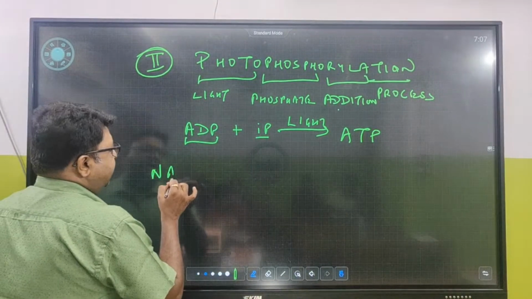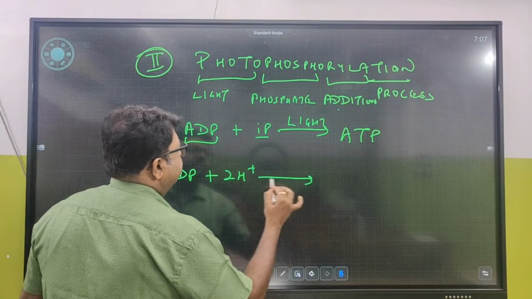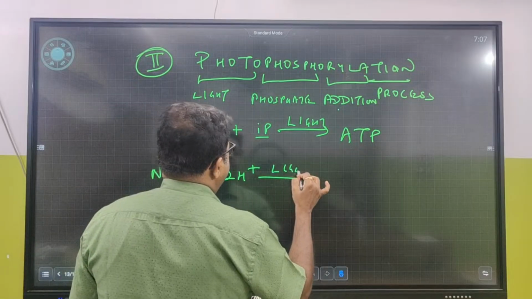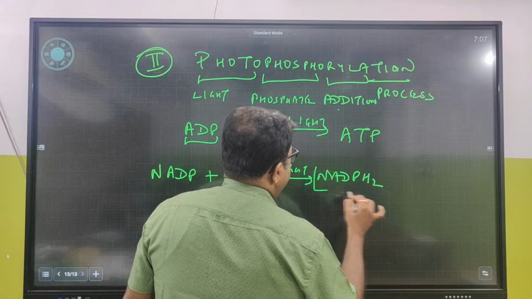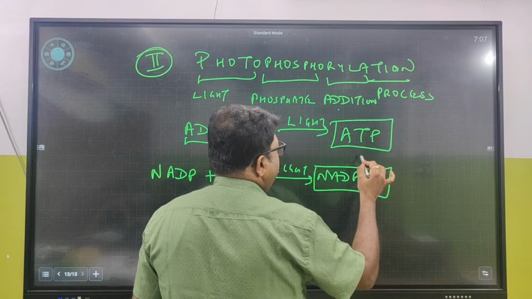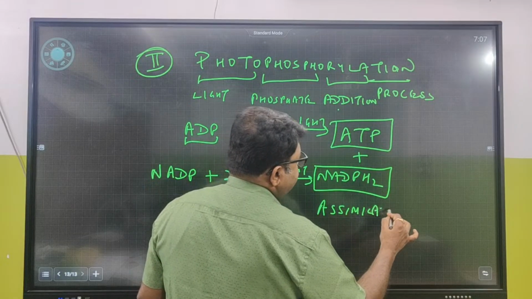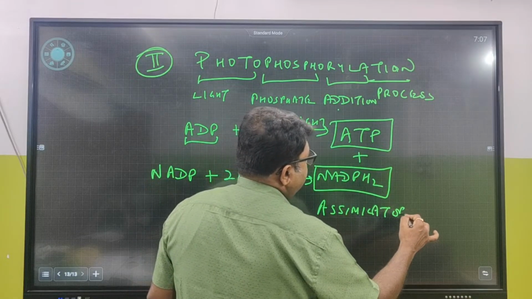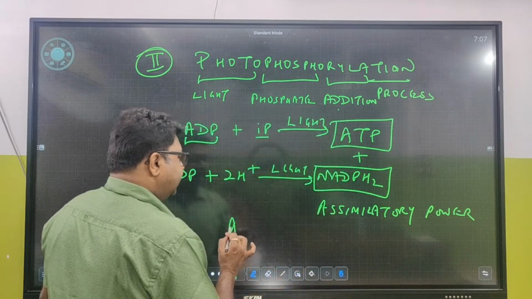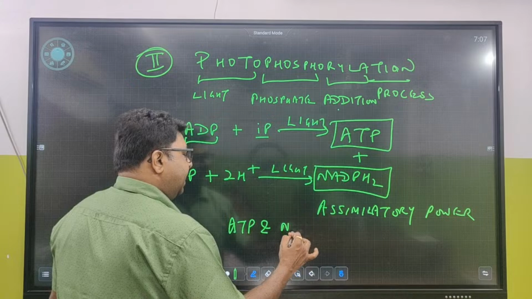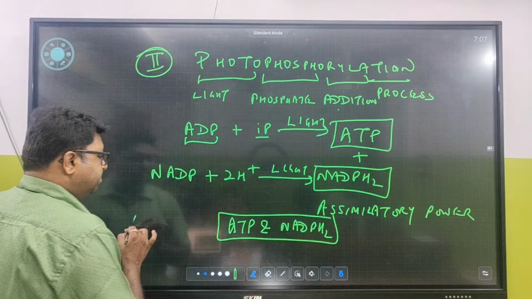The second is NADP binding to 2H plus, again in presence of light, to give NADPH2. ATP and NADPH are both called assimilatory power, and both of them are the main product.